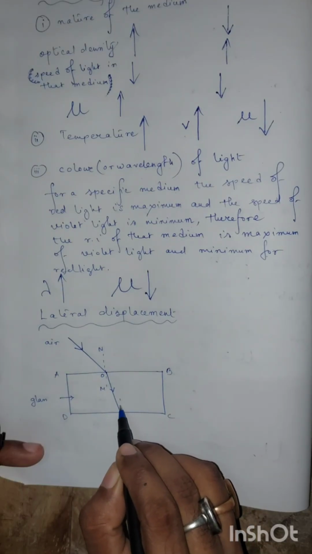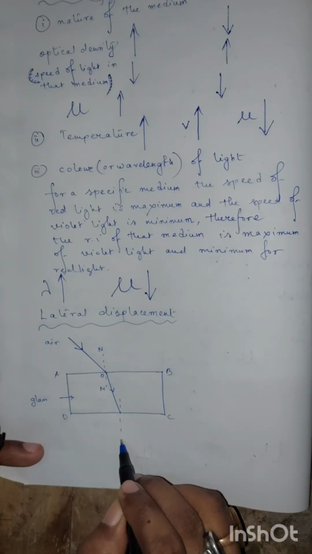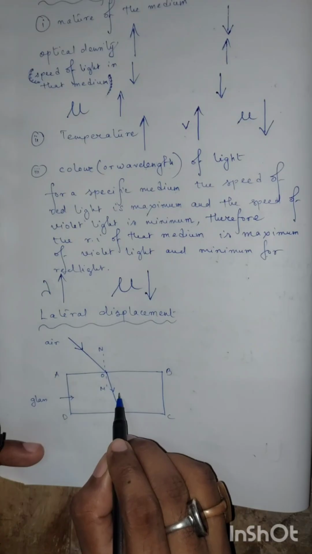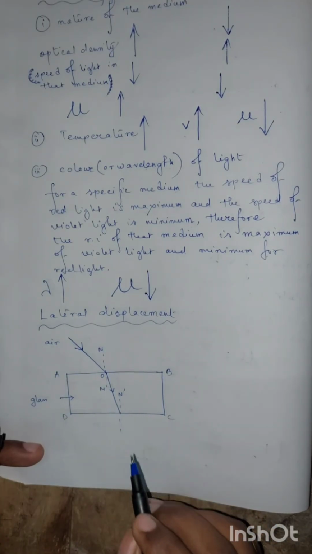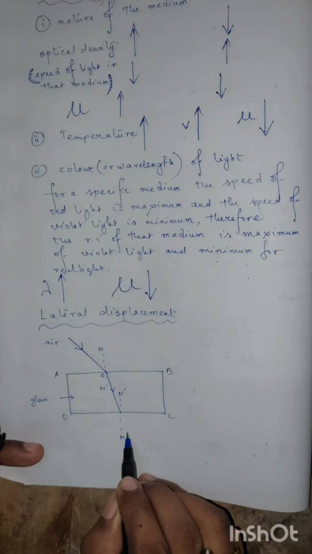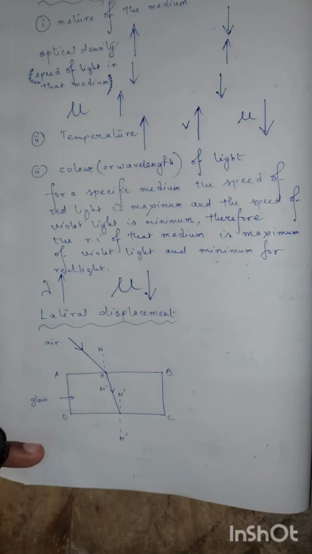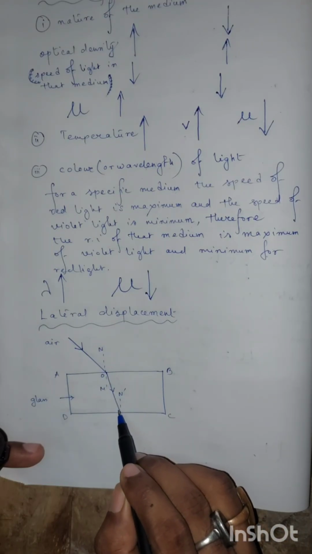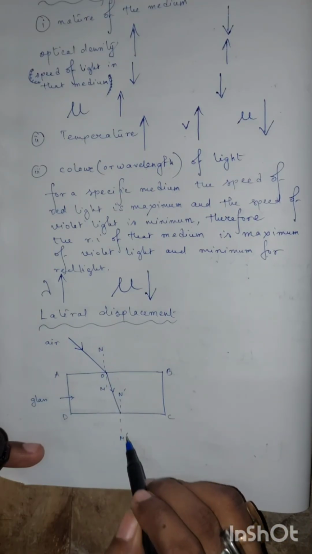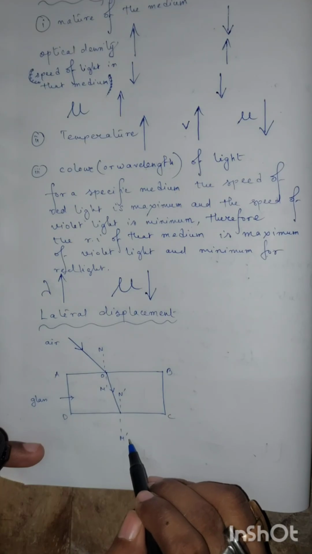Let us draw another normal. Let us name it N dashed, M dashed. Now the light ray again enters air.